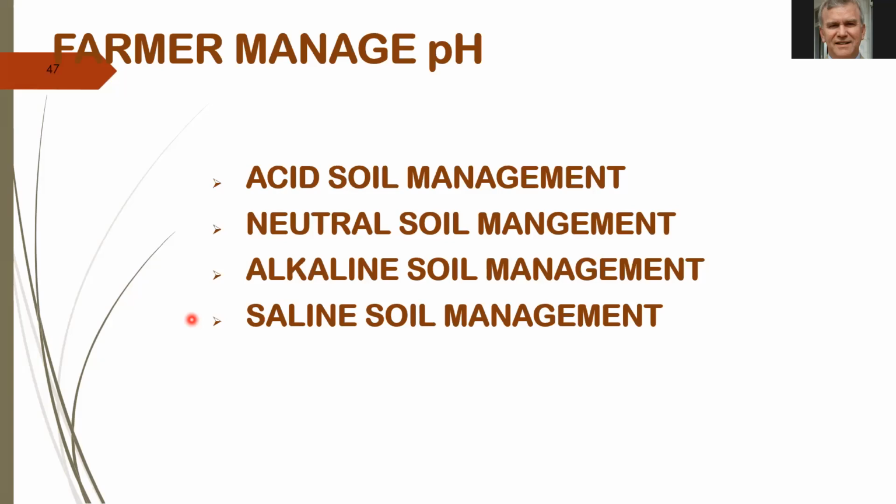And gypsum is used with large amounts of irrigation water in the western part of the United States to reduce sodium levels in soils. And the irrigation water in large amounts is used to leach the exchangeable sodium. The gypsum supplies a source of calcium, which replaces the sodium on the exchange site. So the soil moves from being more saline to being more alkaline.